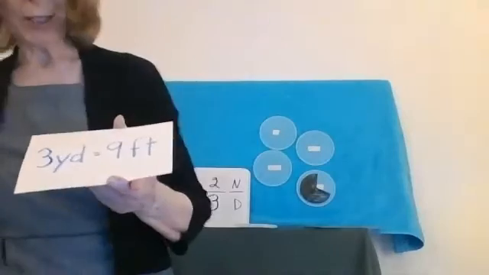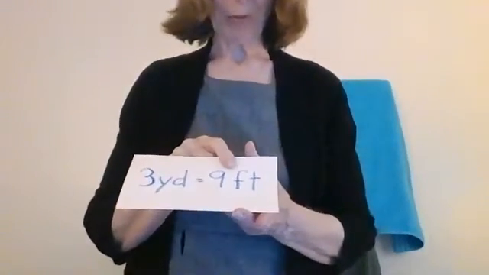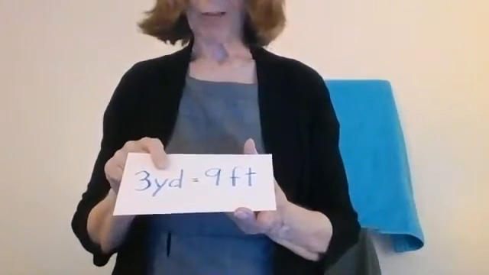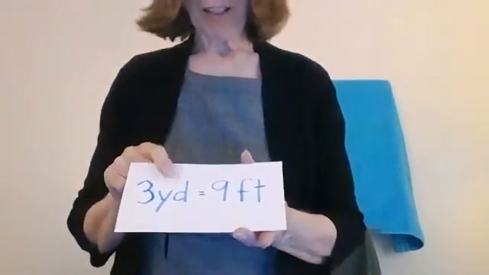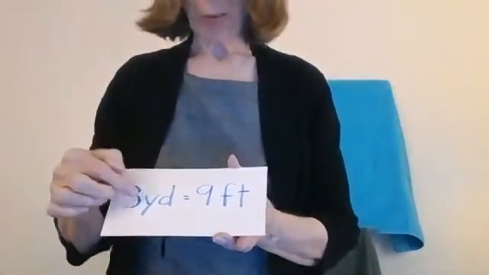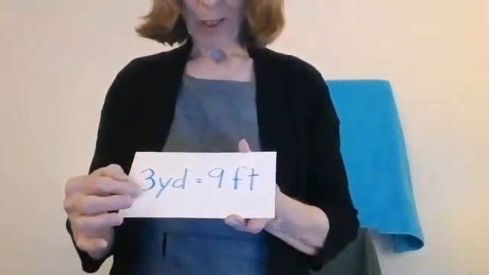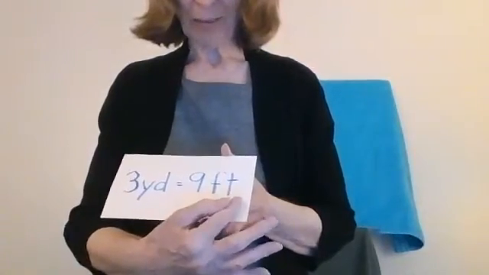So what we're doing is we're taking 3 yards and figuring out how many feet. We're taking how many feet and figuring out how many yards. So let's just do it this way, shall we? 3 times 3, 9 feet.